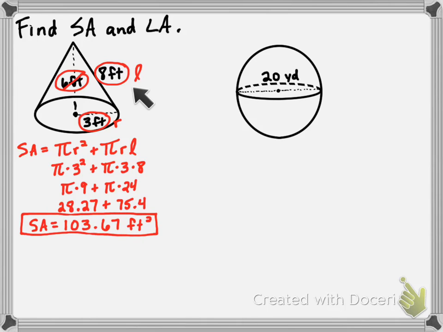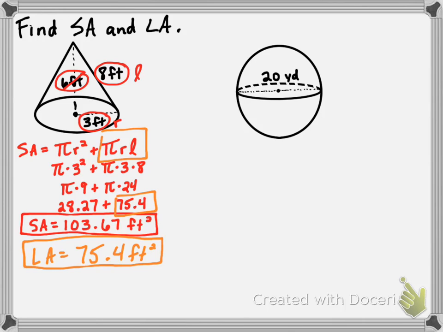Notice I have to make sure I match units, and I always know it's units squared because it's area. And as easily as the other pyramids, the lateral area is the second part of my formula, so I already have that answer as well. So the lateral area is 75.4 feet squared.